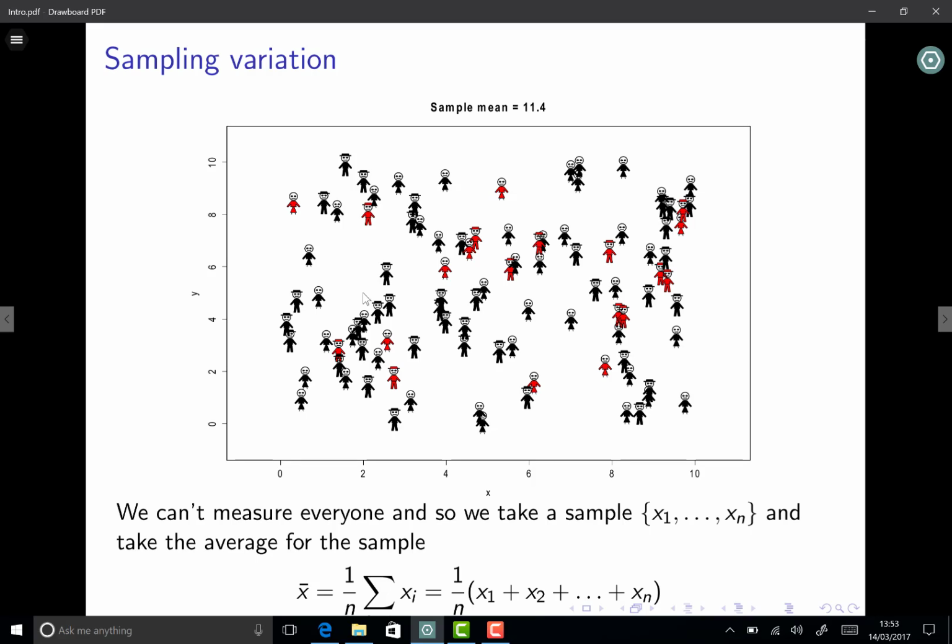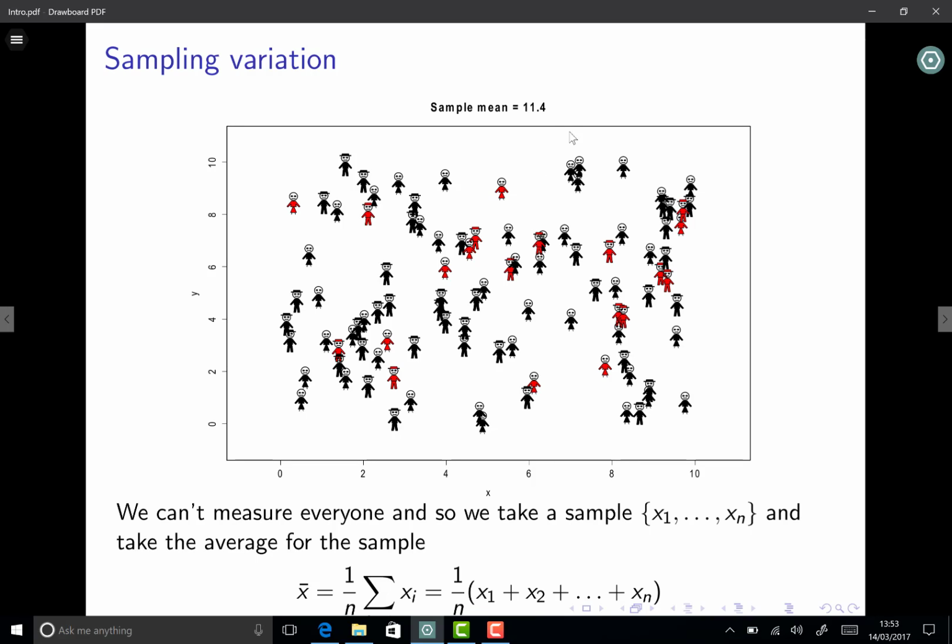All I've done here is randomly select about 20 individuals, and they're the ones coloured in red. And I've measured the information on them. So that's giving me data which I've called x1 to xn, where n's about 20 here. We compute the average for this sample, which is often called x bar. It's just the sum of all the measurements you've taken divided by the total number.